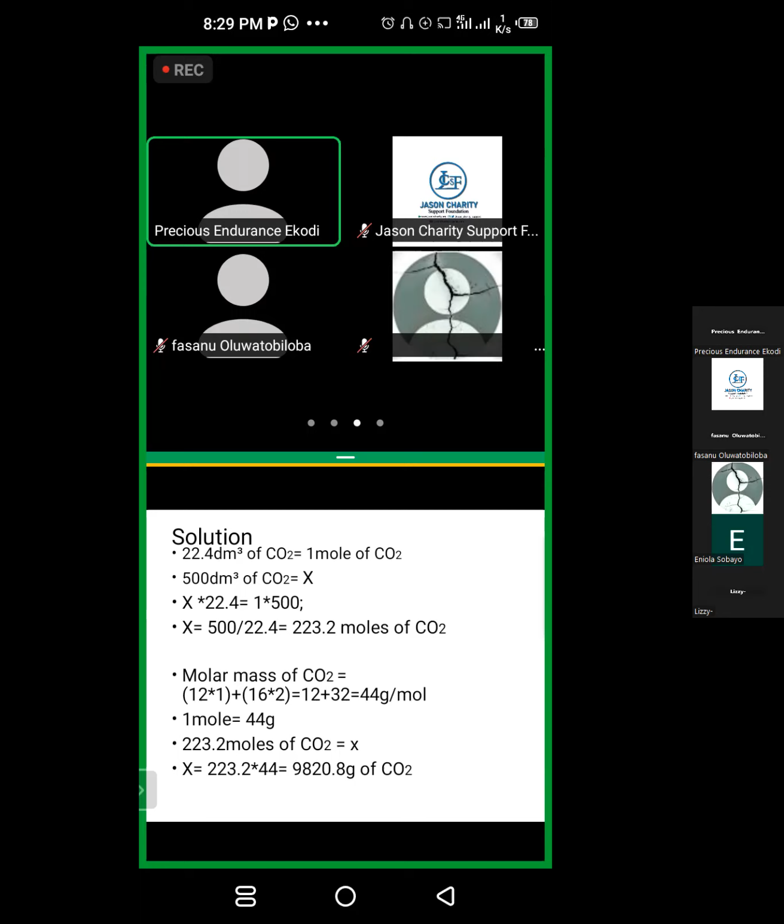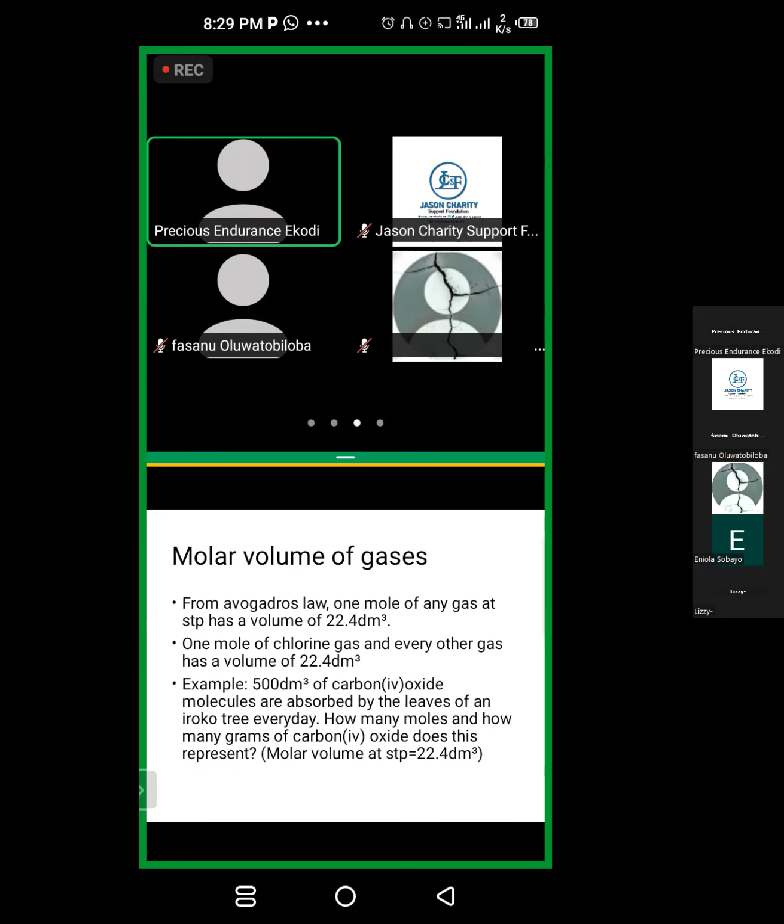I hope we're able to take note of the difference between calculating the number of moles and calculating the molar volume, or the volume of the gases. Now, the other part of the question was how many grams. We've calculated for how many moles already represent.